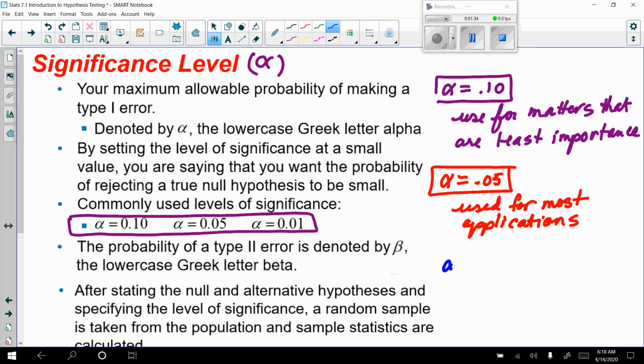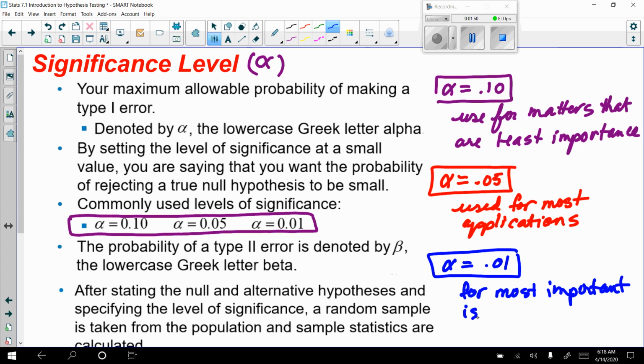And then finally we have an alpha of 0.01, and those are for the most important issues.